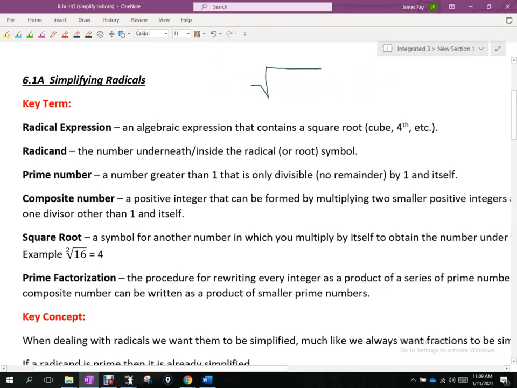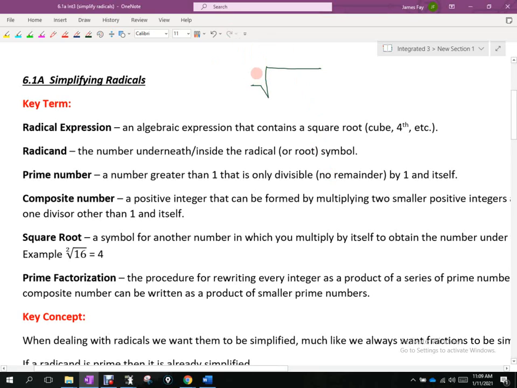So anything that involves that thing right there is called a root. And then if there's an expression, we call either a root expression or a radical expression. Okay? A lot of these words are kind of interchangeable, root and radical.